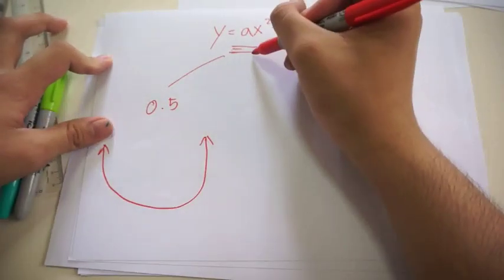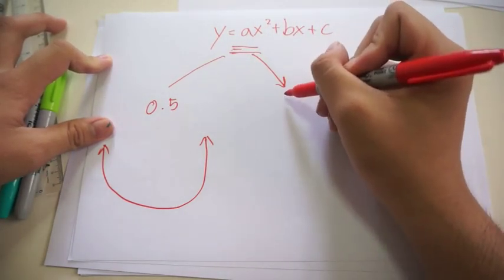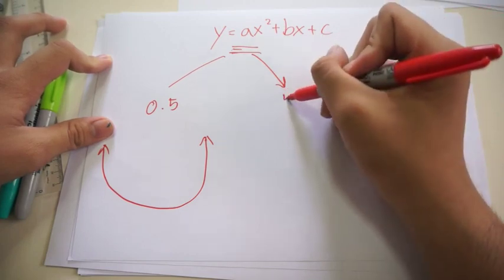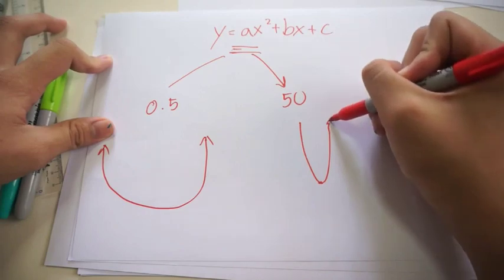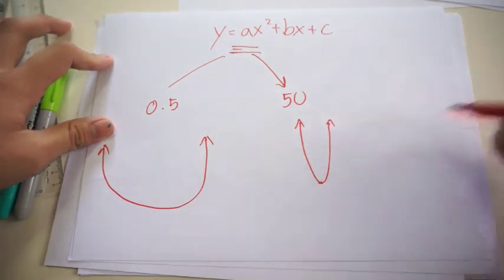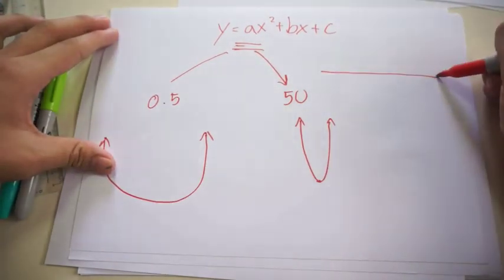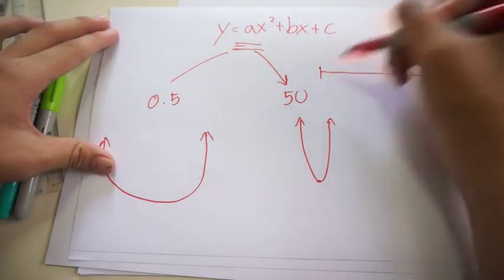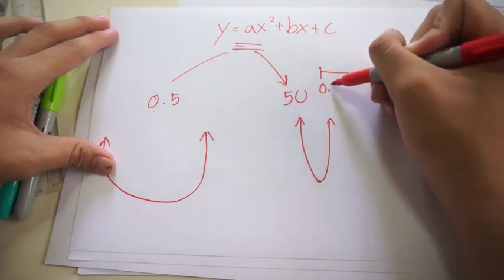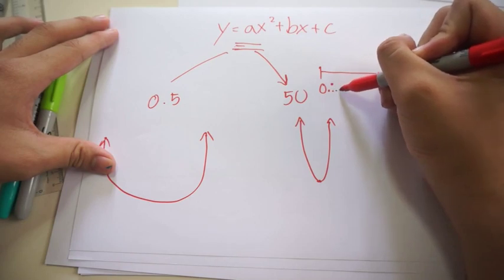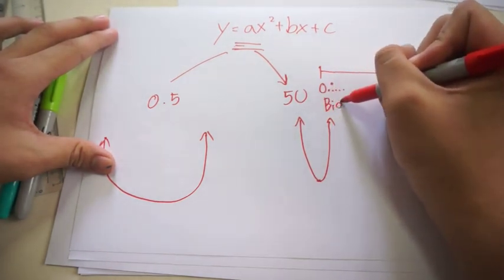But if the number of a is large, like 50, the graph will actually be small. So, to make you understand, the closer the number is getting to 0, the graph will be big or wide.